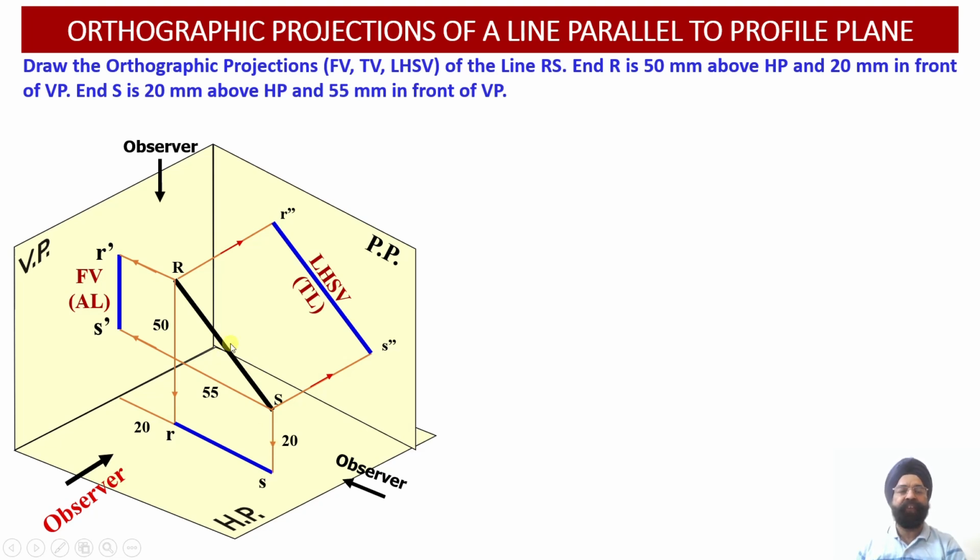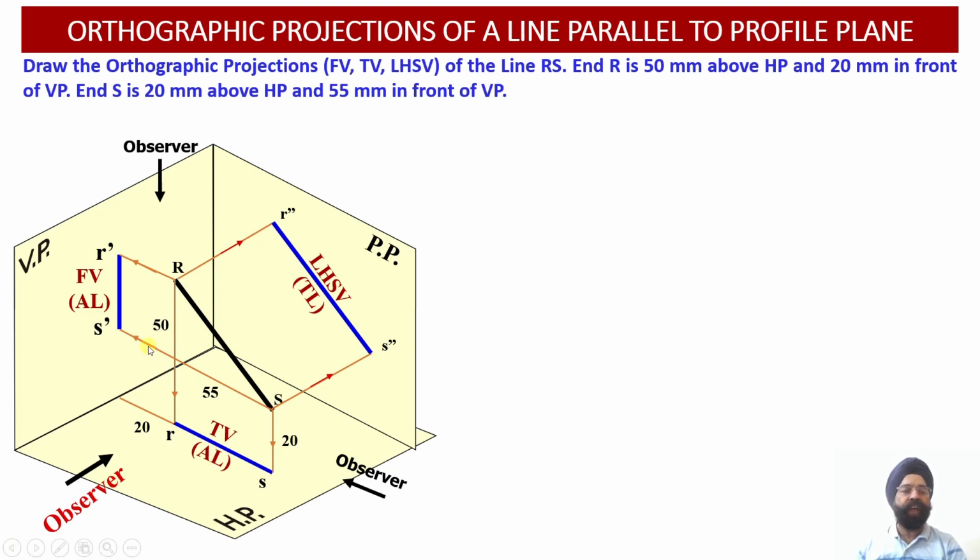So this way we have obtained the left hand side view projections, which represent the true length of the line, the front view projections, which reveal the apparent length of the line, and the top view projections of this line RS, which again reveal the apparent length of this particular line. Now we need to establish the relationship between all of these 3 views.